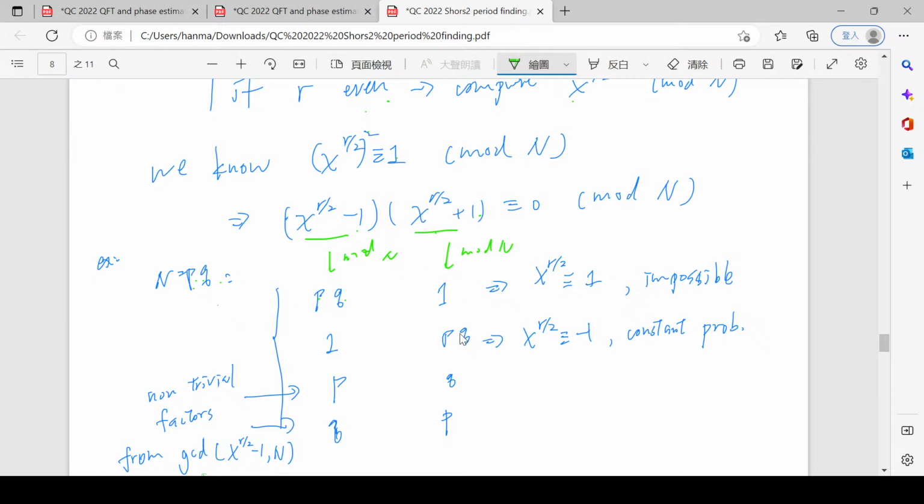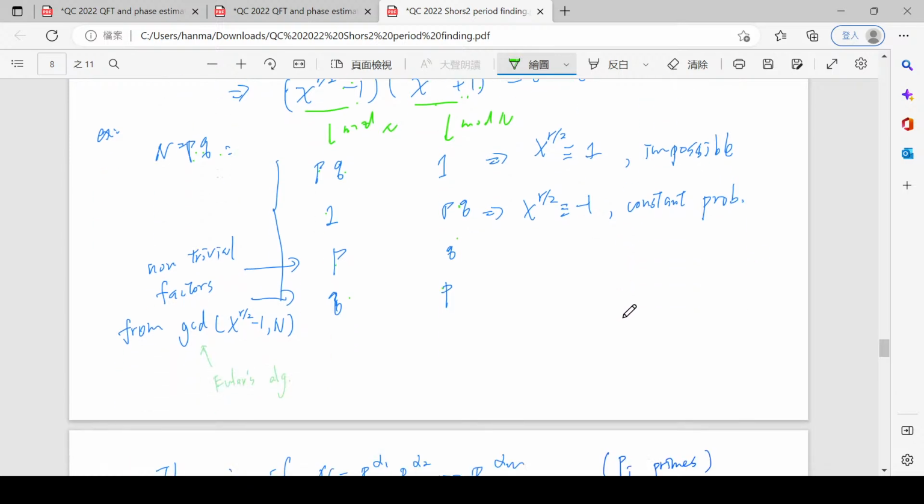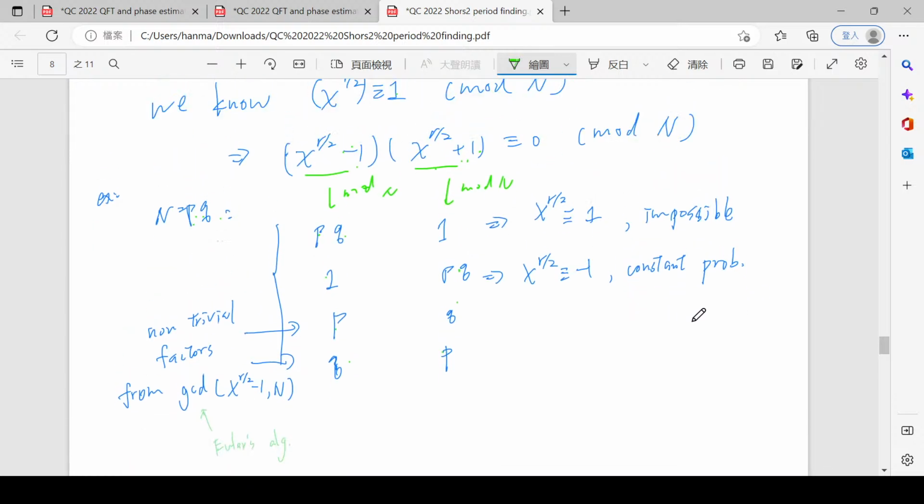Or pq are both here, so this one part equals 1 mod N and this part equals 0 mod N. Or this one gets p, this one gets q, or this one gets q, this one gets p. Okay, so those are the 4 possibilities. And so what happens when either of them happens? So this one actually cannot happen, this possibility.